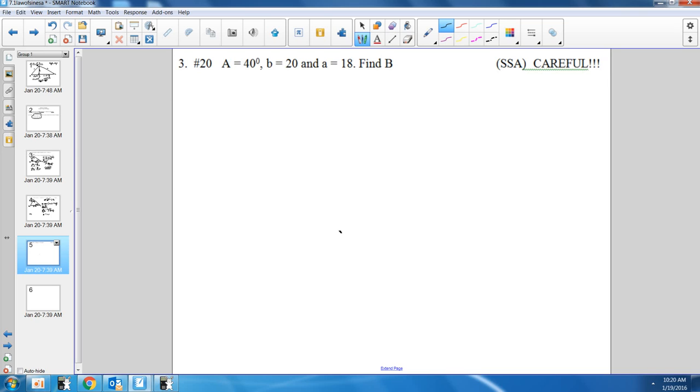So, again, what I want to do is go ahead and draw this. Again, it doesn't need to match the numbers. So 40 degrees, 20, A is 18. And the question here is, what is your angle B?